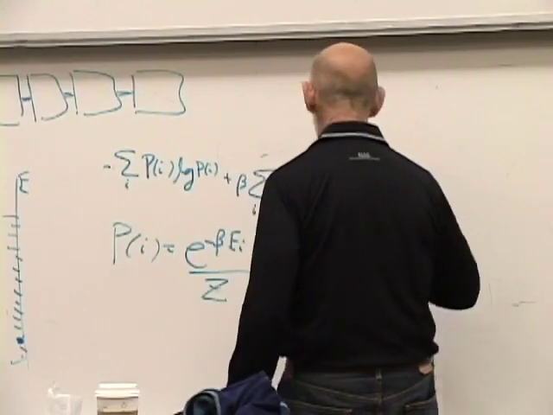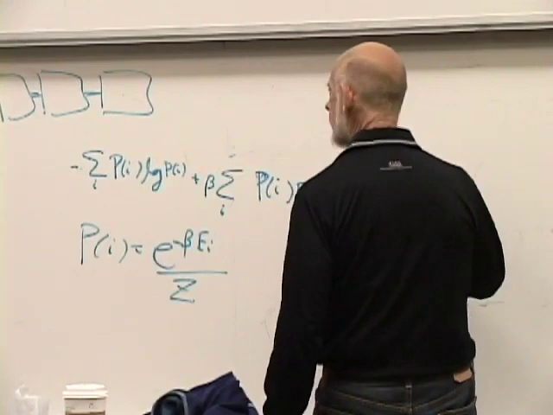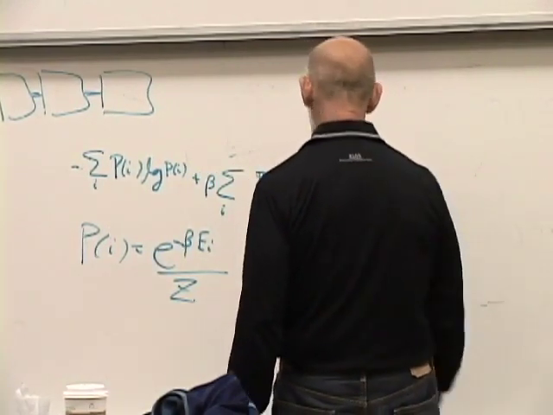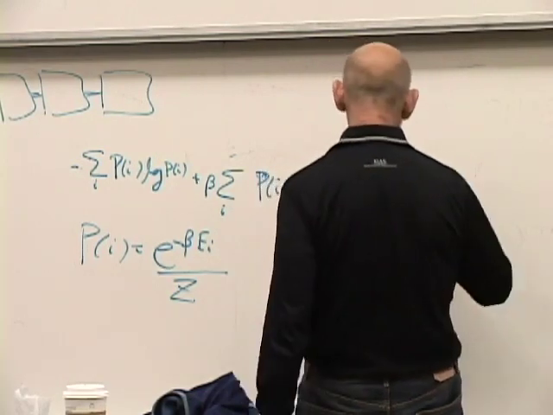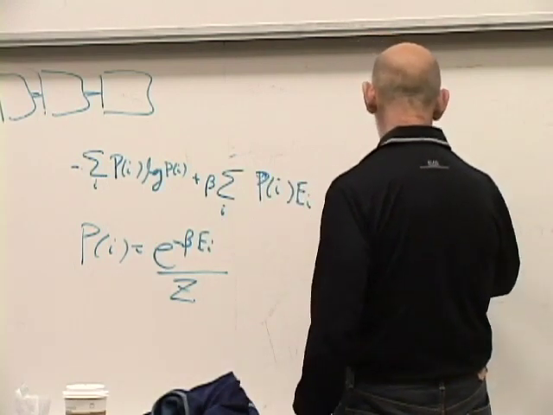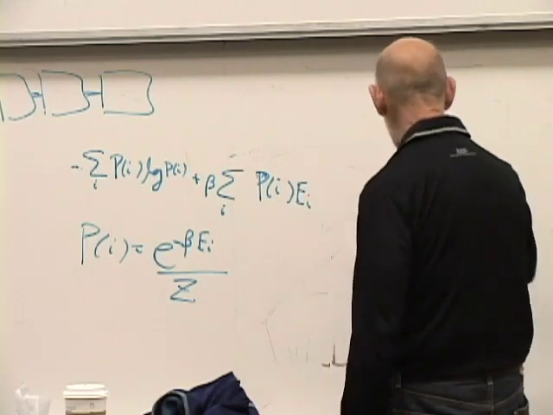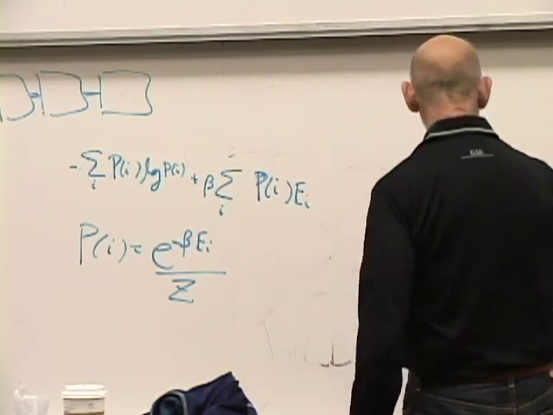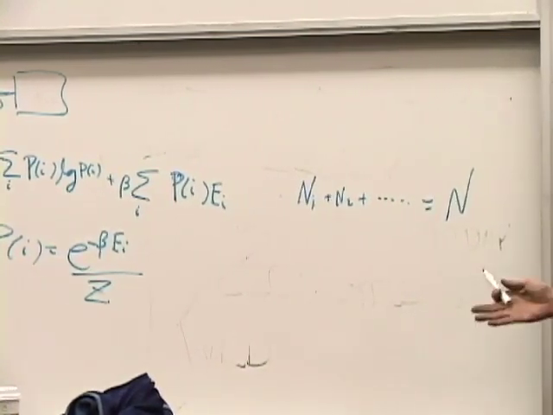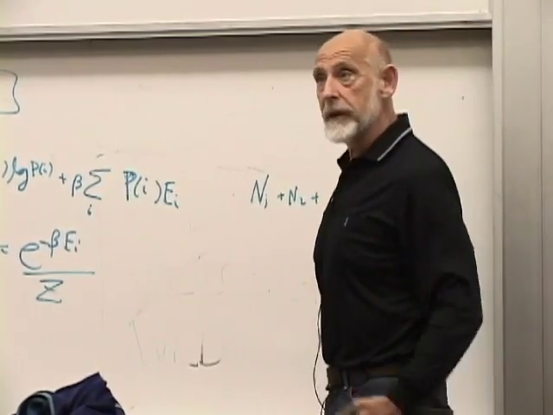The other constraint is that the number of particles in the first box plus the number of particles in the second box plus the number of particles in the third box and so forth all have to add up to the total number of particles. N1, N2, N3 and so forth can change, but the total number of particles has to remain constant.